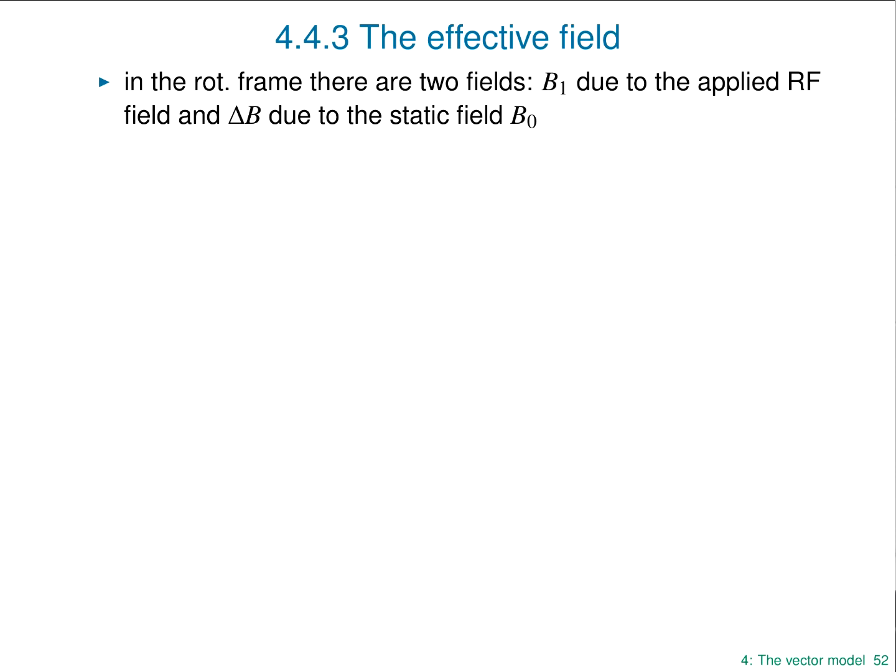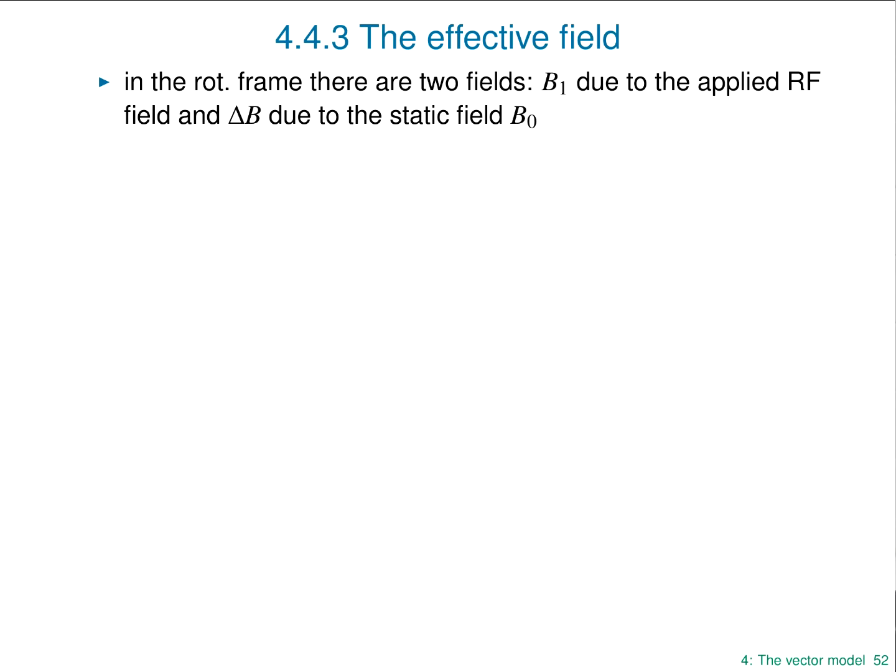So now we need to go back and think about our two fields. Remember, we had the oscillating field, which we decomposed into a rotating field, and we then went into a rotating frame. And that is one field, and that's along the x-axis. And we call that the B1 field. It's the field due to the applied radio frequency power.